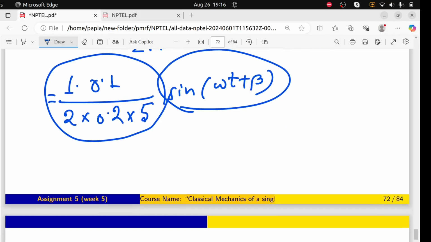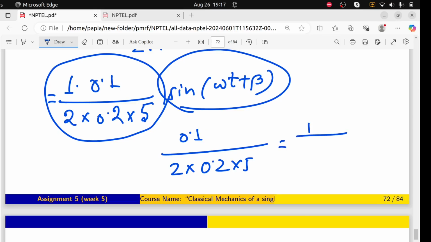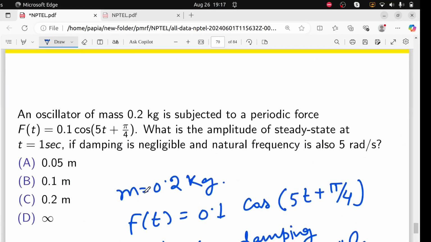The value is 0.1 divided by 2 into 0.2 into 5, so it is 1 divided by 20, so 0.05. So this is 0.05 meters. Why meter? Because it is given in the SI unit. So that's why. Okay.